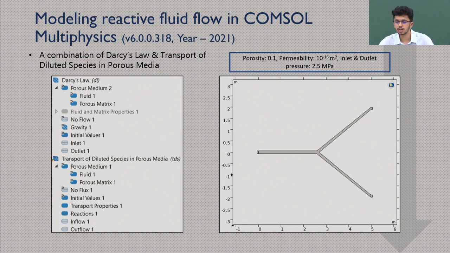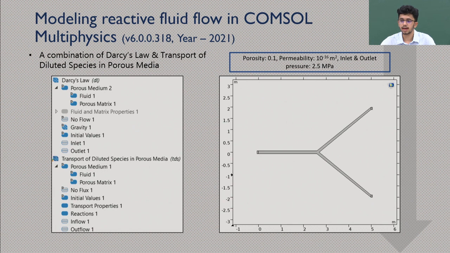The gray region you can see in the Y-shaped fracture is the porous matrix in the fracture zone, and this porous matrix has a permeability of 10 raised to minus 16 meters square and a porosity of 0.1 or 10%, which is in line with what you see in normally fractured basalts around the world.